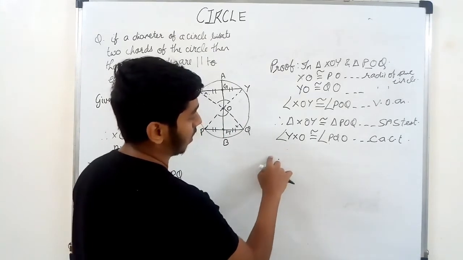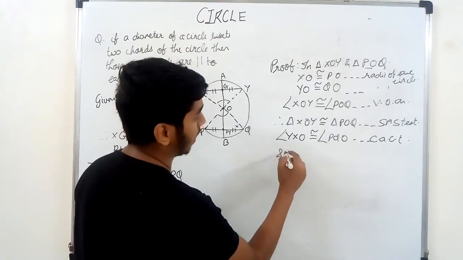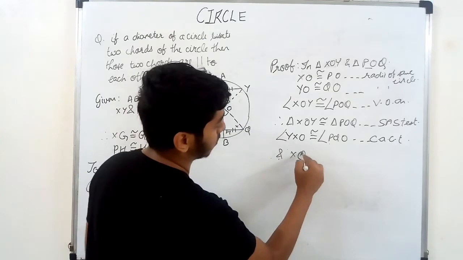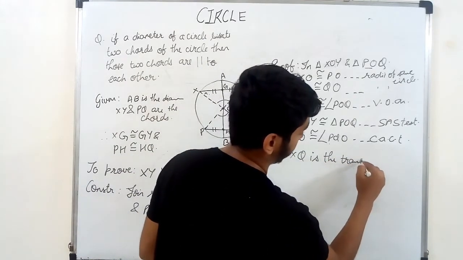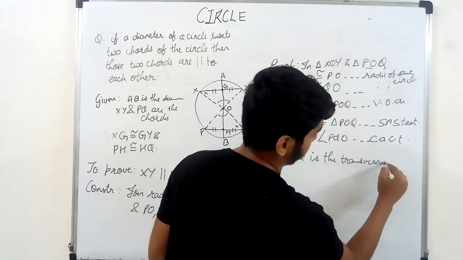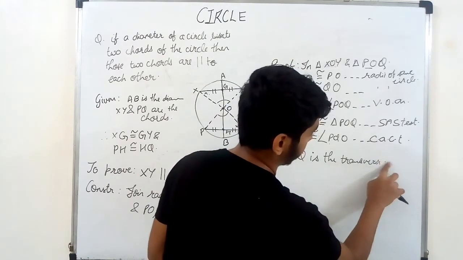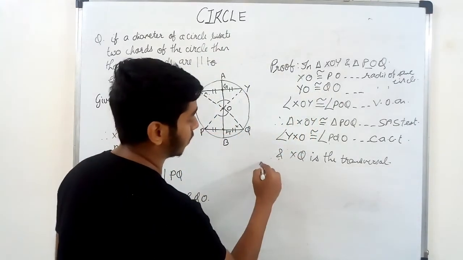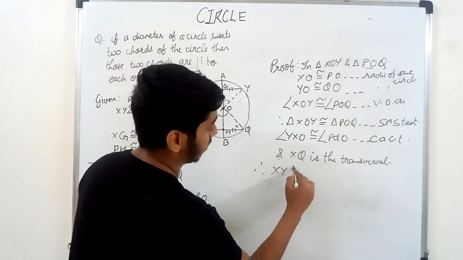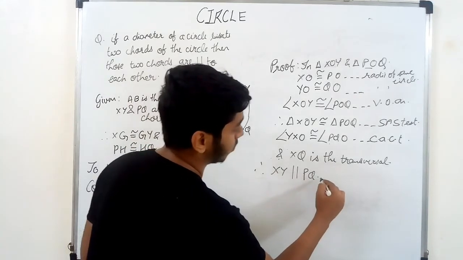And with this we can say XQ is the transversal. So if this is the transversal, therefore XY is parallel to PQ.